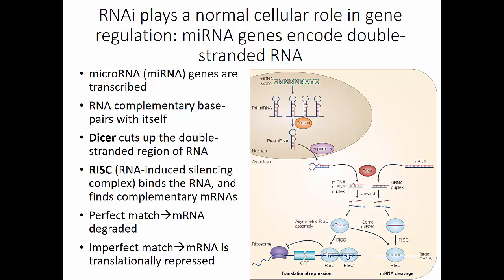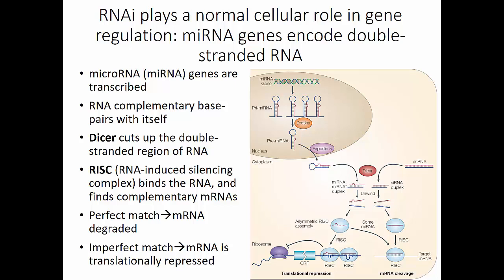Once this RNA is transcribed, it base pairs with itself, undergoes a couple of conversions, and is exported into the cytoplasm. This is called a pre-microRNA. Then once these pre-microRNAs are bound in the cytoplasm by dicer, these are just called simply microRNAs or miRNAs.